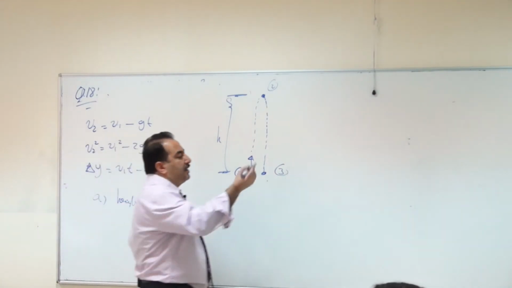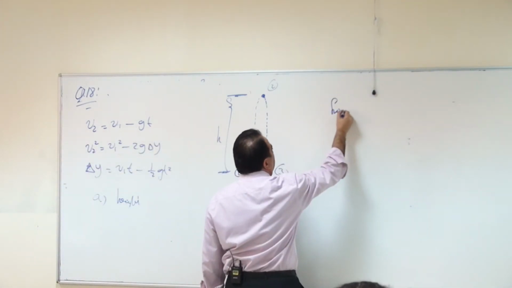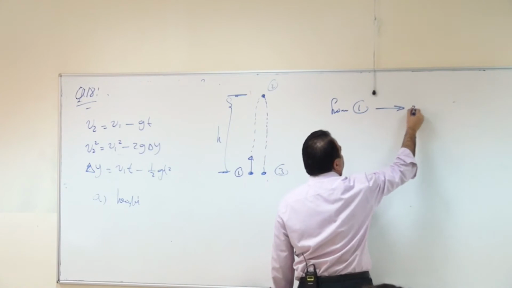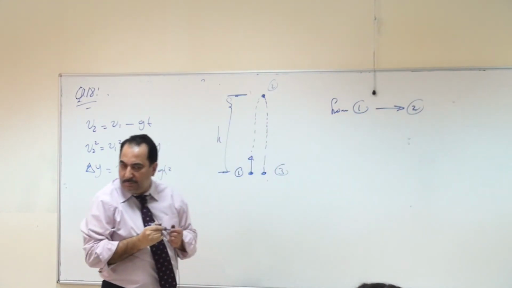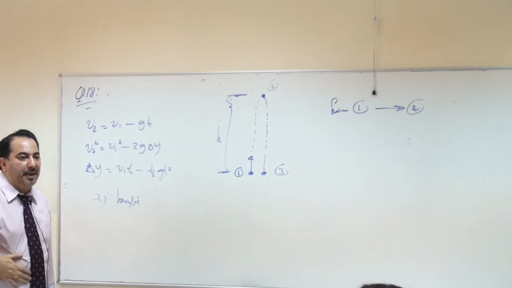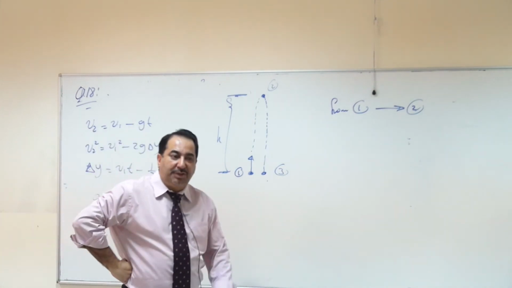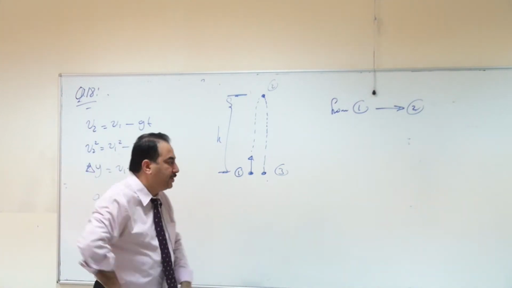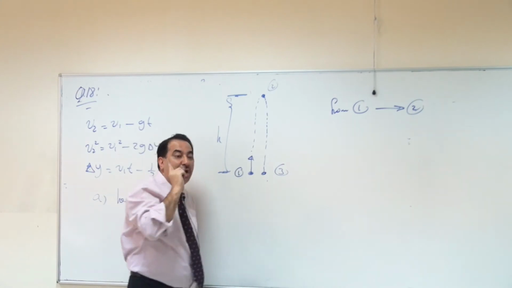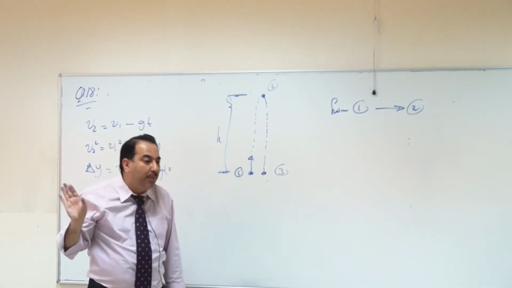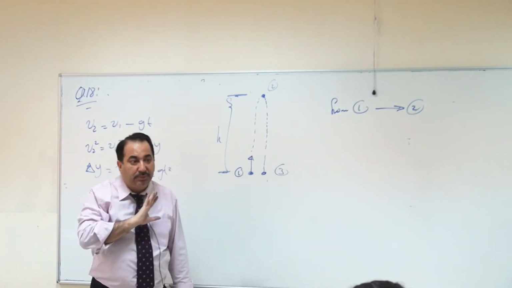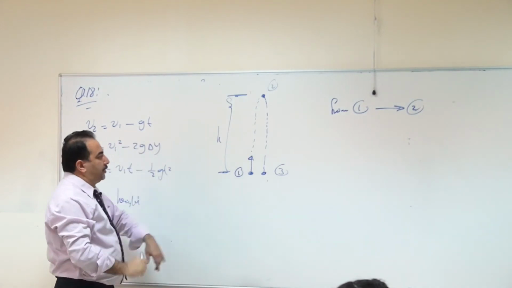Okay, so we say from point 1 to point 2. Then you decided now to do calculations between point 1 and point 2 only. No other points. Nothing. Right.